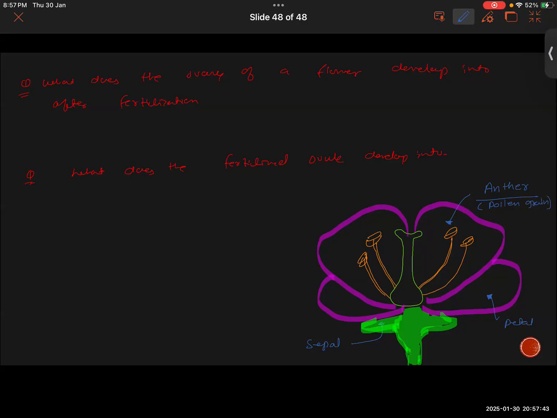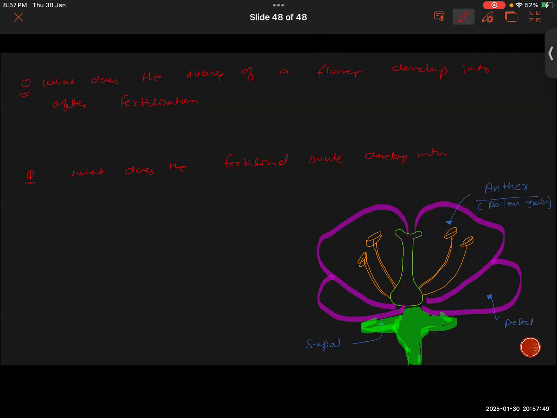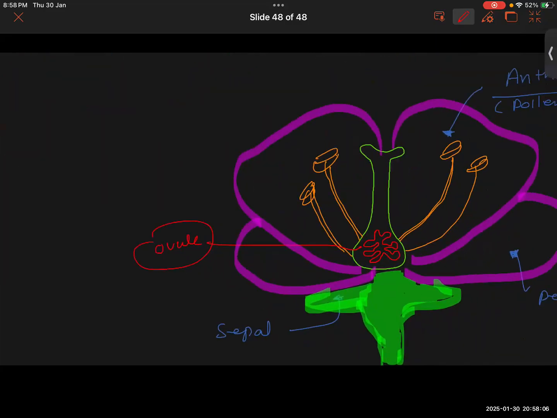Pollen grains are found in it. Good. Next, tell me what is inside this. These are ovules. It contains eggs in it.